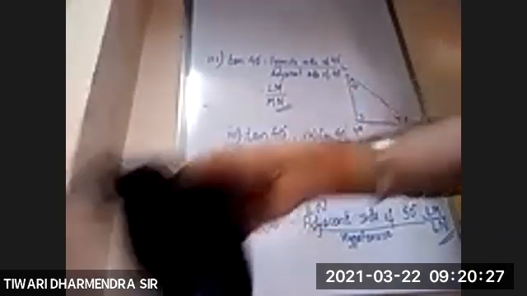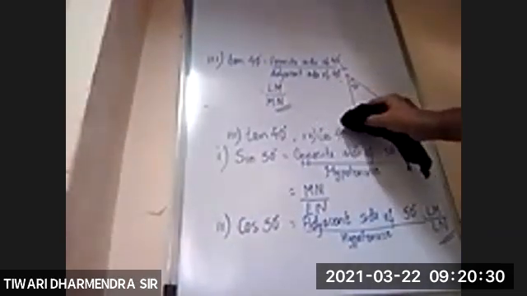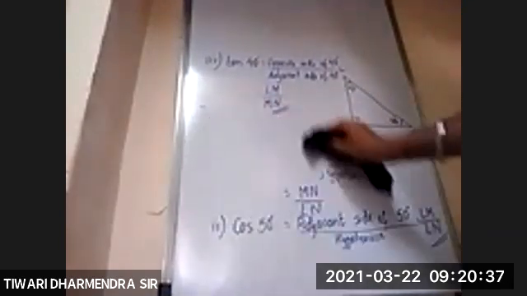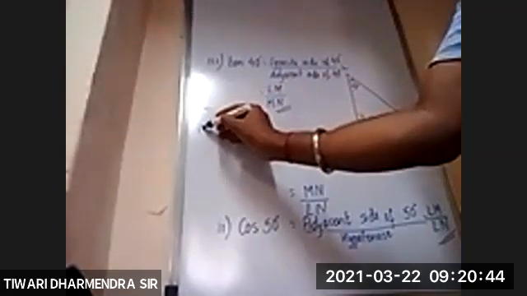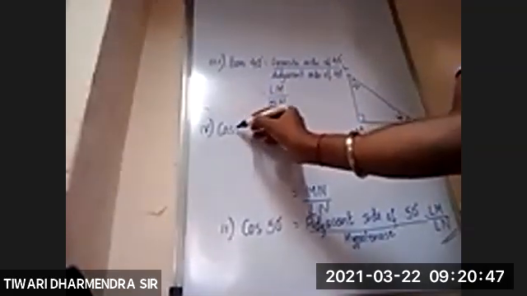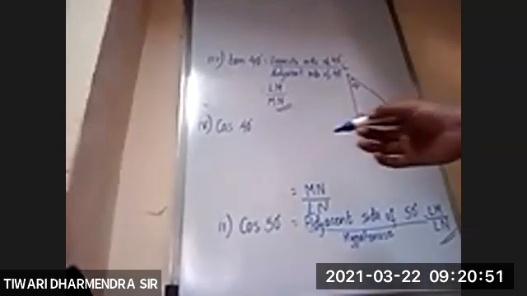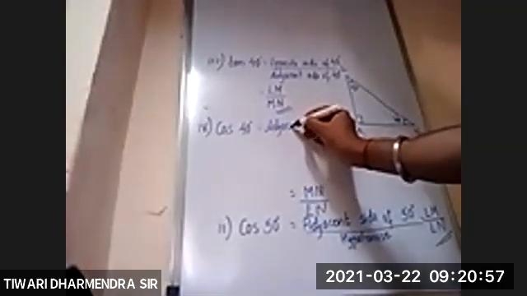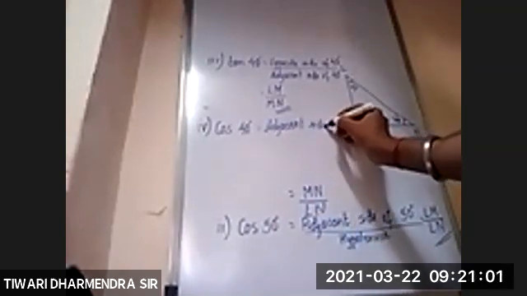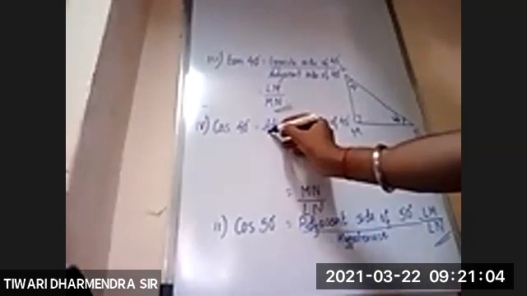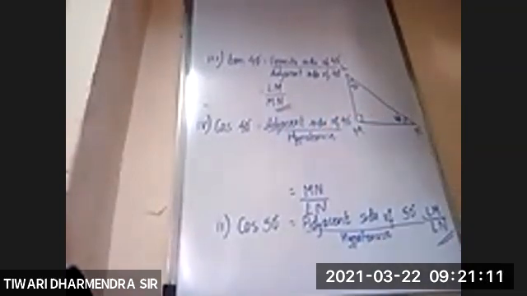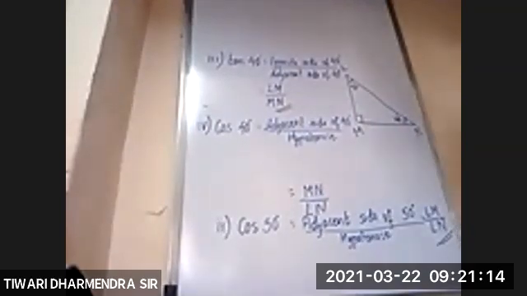That is the fourth part. Cos of 40 degree now. Cos of 40 degree is equal to adjacent side of 40 degree divided by hypotenuse.